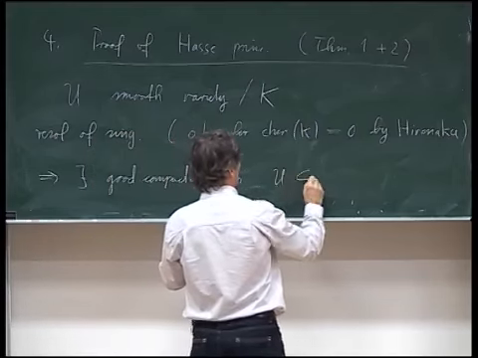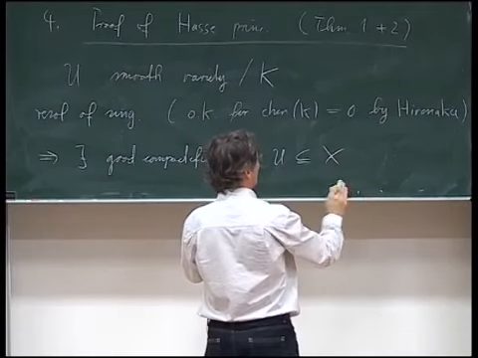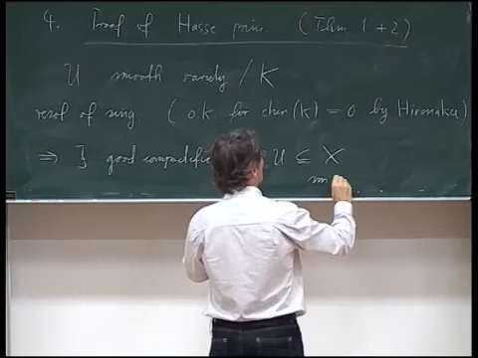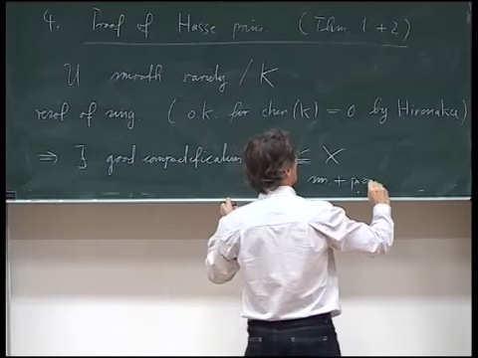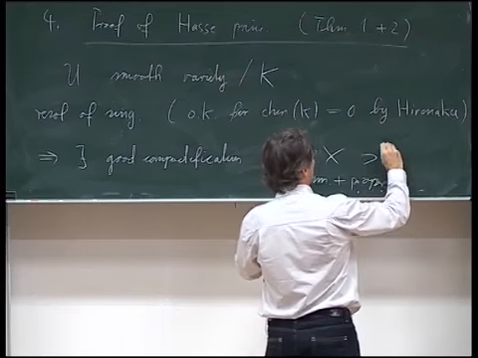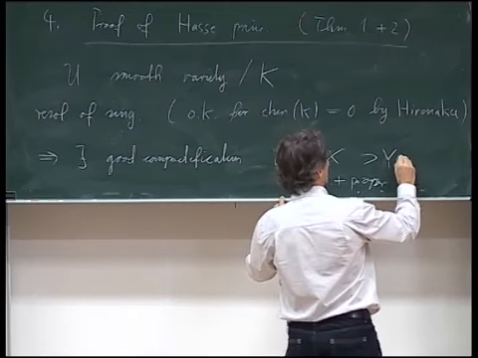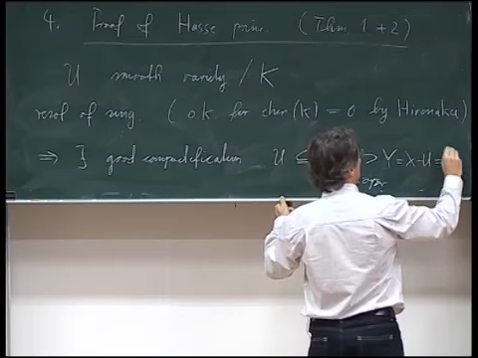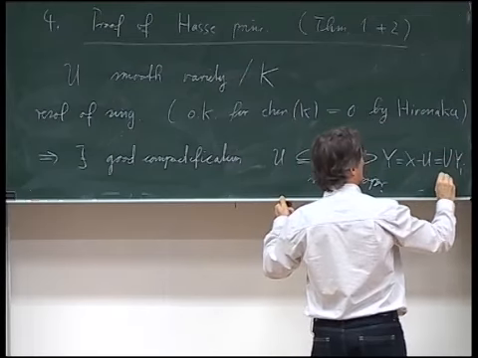So U can be embedded in something X which is smooth and proper, and the complement Y, which is X minus U, is a divisor with normal crossings.